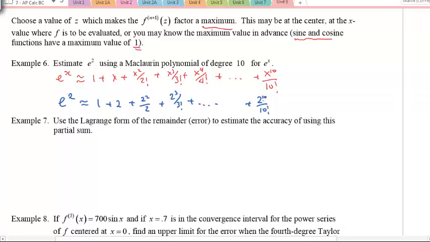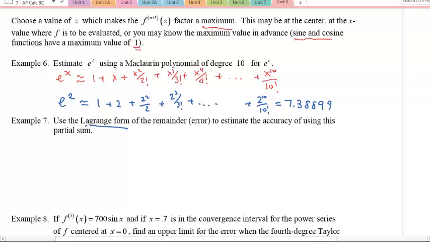And I know you're dying to evaluate this yourself, so I will not let you do it. I'll just give you the answer, 7.38899. Okay? Now, we know that's not the right answer, it's just an approximation. I know if you get a calculator, you can just type in e squared and figure out what it is. But let's use this Lagrange form of the remainder to actually estimate the accuracy of this sum.